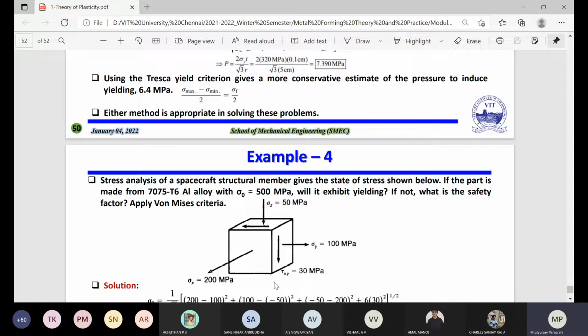And this picture is given. So sigma X is given here 200 megapascal, sigma Y is 100 megapascal, and sigma Z equal to 50 megapascal, and tau xy equal to 30 megapascal. So you have to now calculate whether yielding exists or not. If it is exhibited, this is fine. If not, then what will be the safety factor?